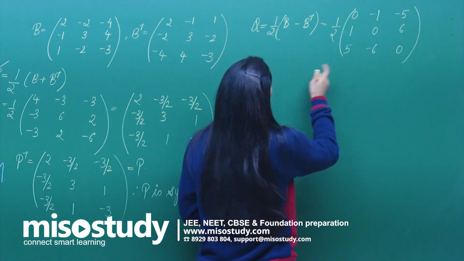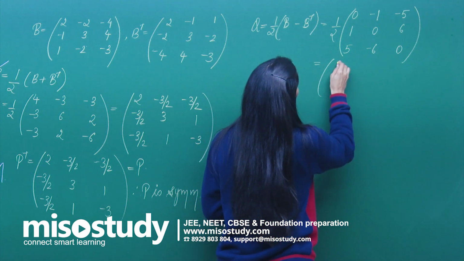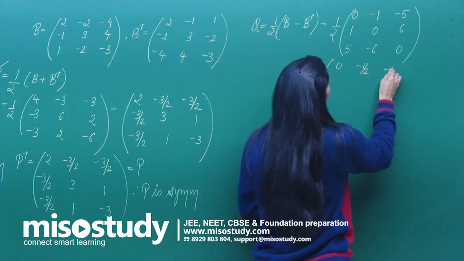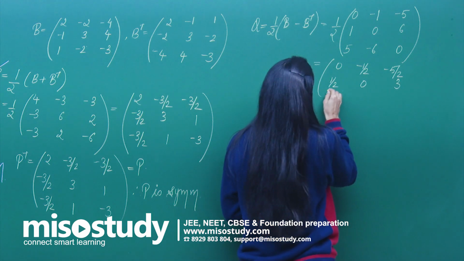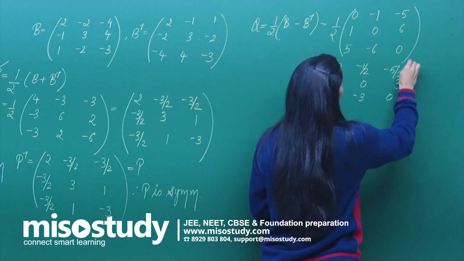Here if you divide it by 2, you obtain 0, minus 1 by 2, minus 5 by 2, 1 by 2, 0, 3, 5 by 2, minus 3, 0.